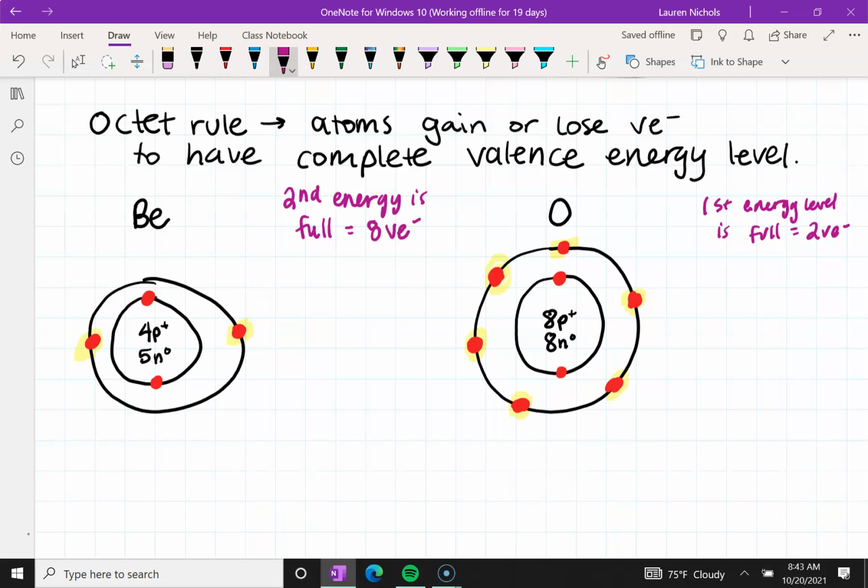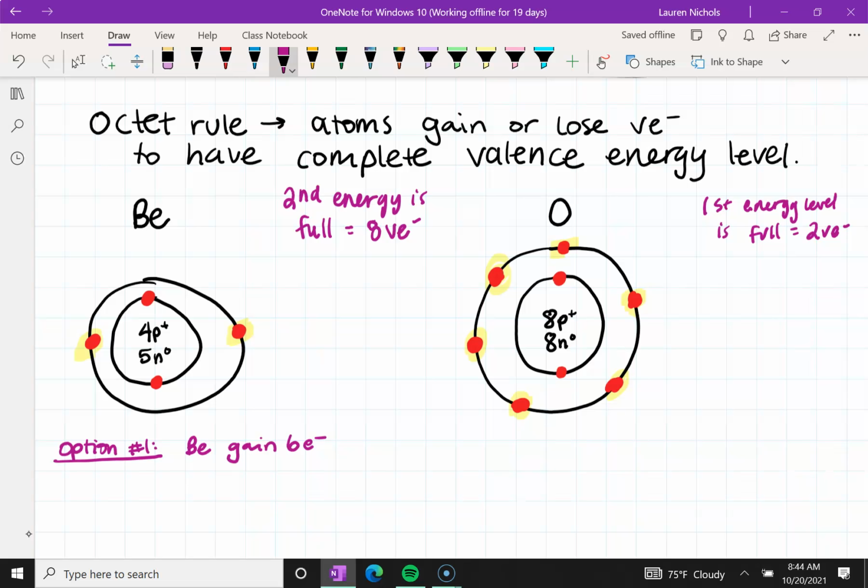So beryllium has 2 options. Option number 1 for both of these is going to be gaining electrons. In order to get to 8 electrons, beryllium could gain 6 extra electrons.